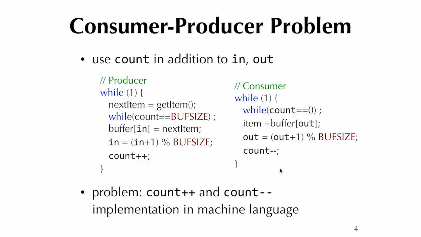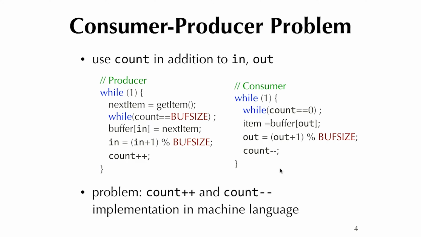There's one empty buffer that's not used so that you can test if in equals out, then you consider that to be empty. Whereas if you really want to utilize that, you can't tell empty apart from full, right? But if you add a count, well, guess what? You can actually utilize that extra buffer space, right?